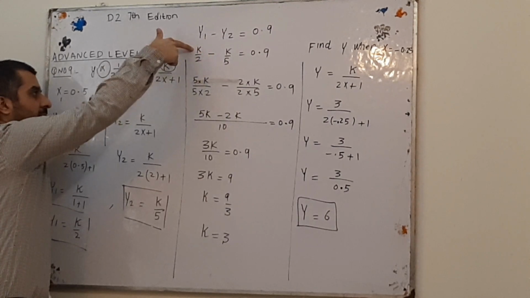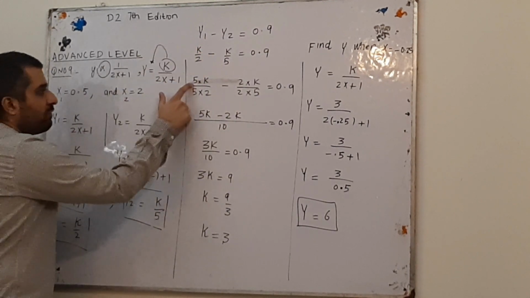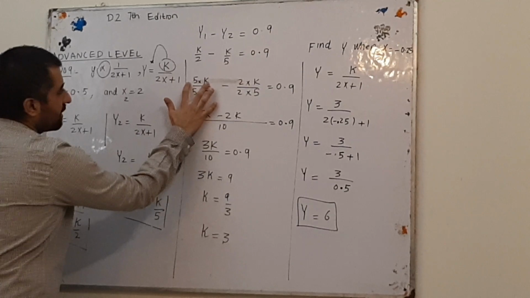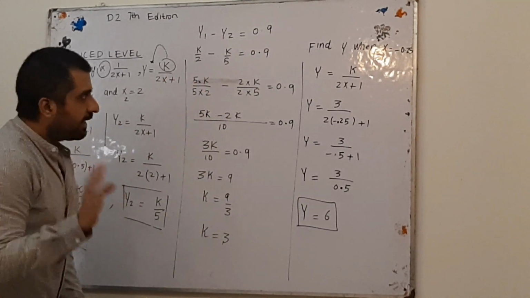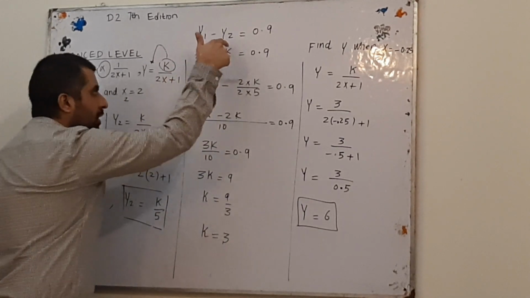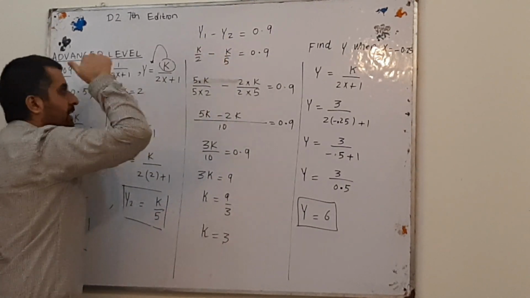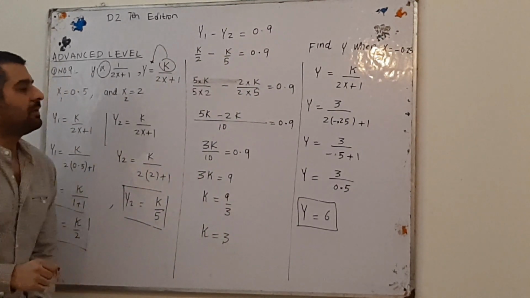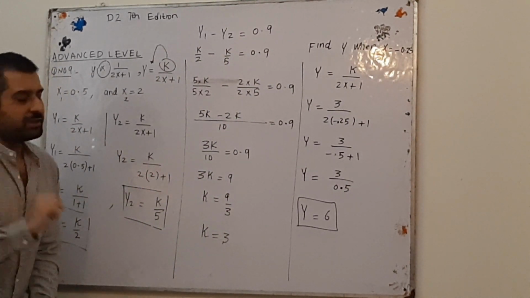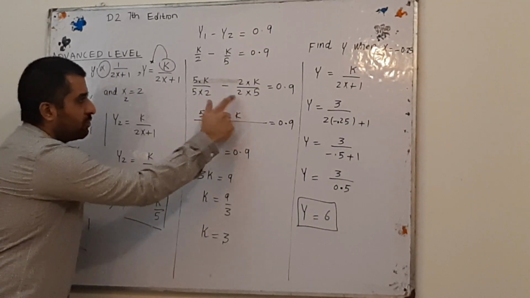Multiply 5 in the numerator as well as in the denominator: 5k over 5 into 2. Then multiply 2 with the numerator and the denominator: 2 into k over 2 into 5. Now you have the same denominators, 10.